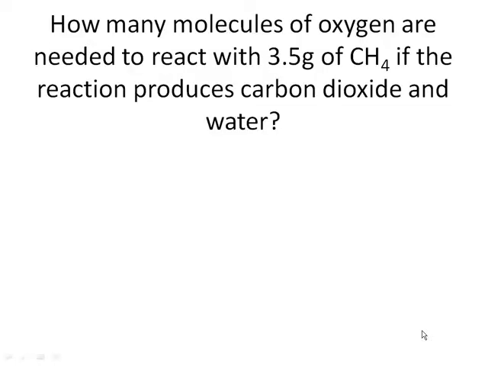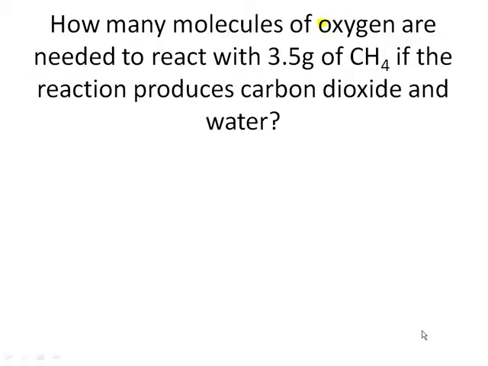Let's do another one. How many molecules of oxygen are needed to react with 3.5 grams of CH4 if the reaction produces carbon dioxide and water? So step 1 is balance that reaction. Hidden within this story problem is information about who's reacting and who's being produced.